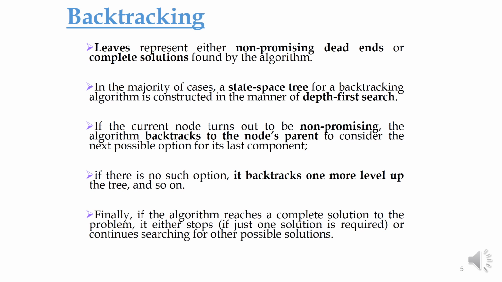If a particular node is a dead end, we backtrack to its parent, and if that location also does not lead to the solution, we backtrack one more level up. Finally we reach the complete solution for the given problem.